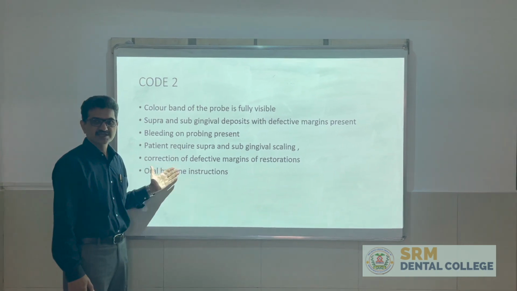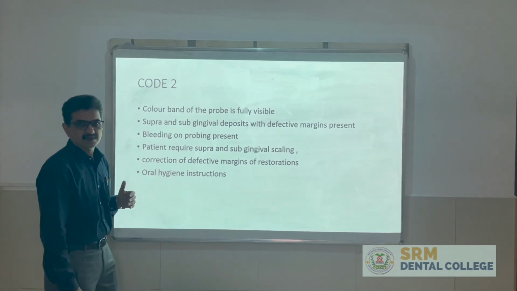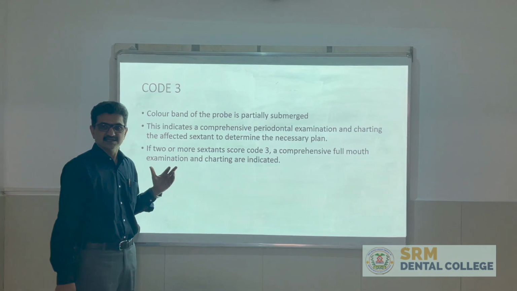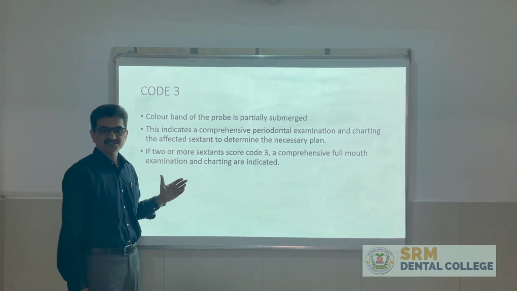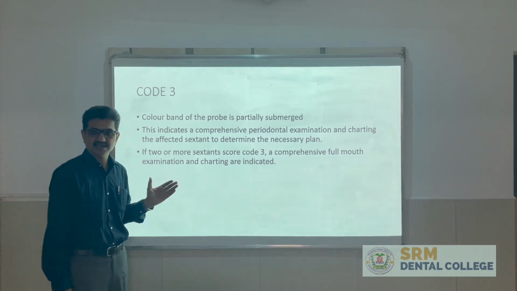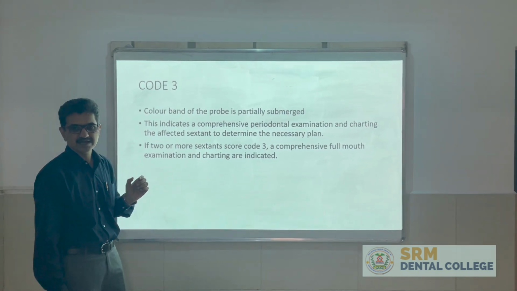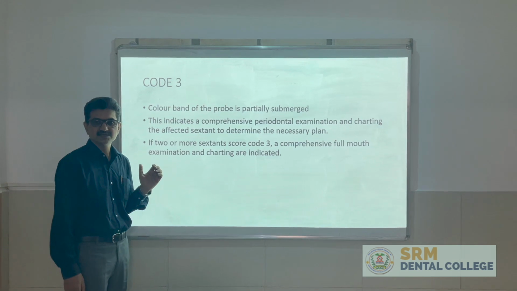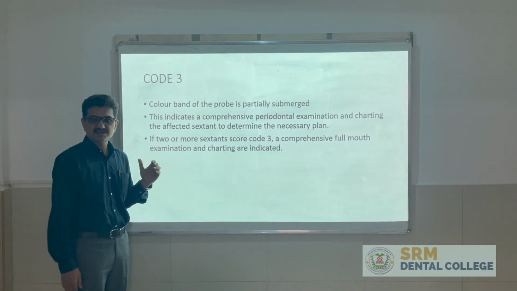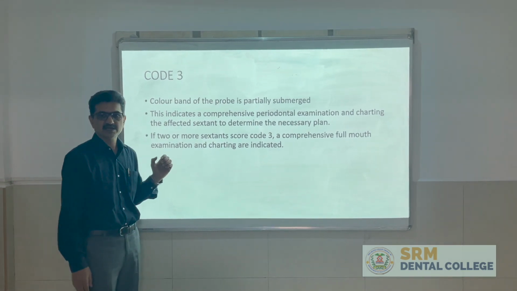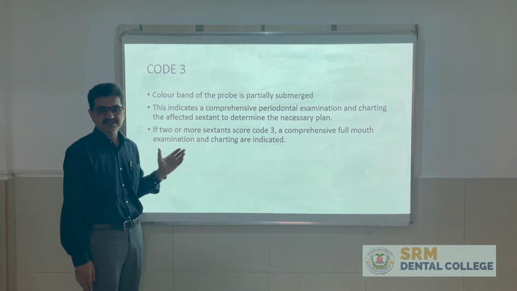Next is code 3. In code 3, the 3.5 to 5.5 mm color band gets partially submerged. The significance is that there is a pocket persisting in that site.